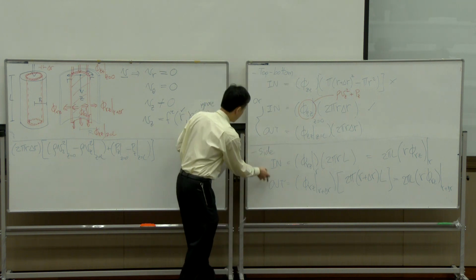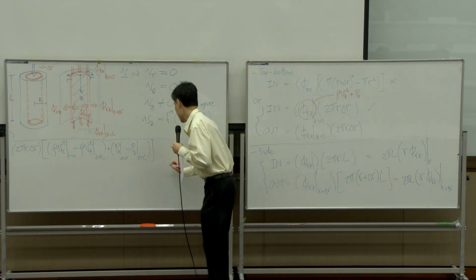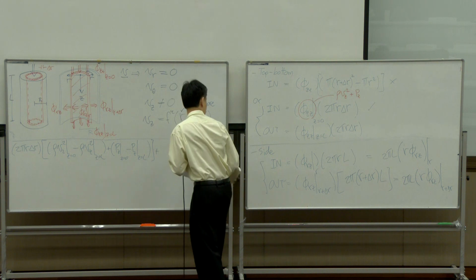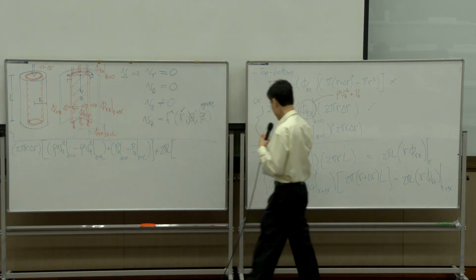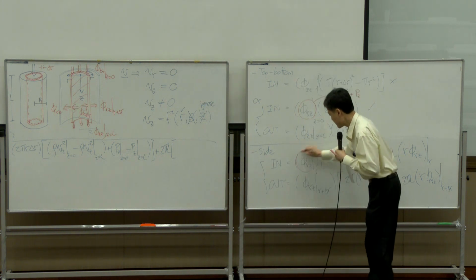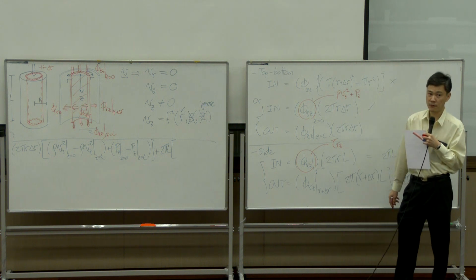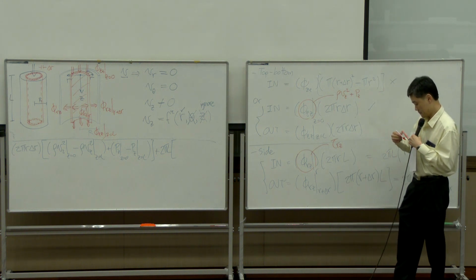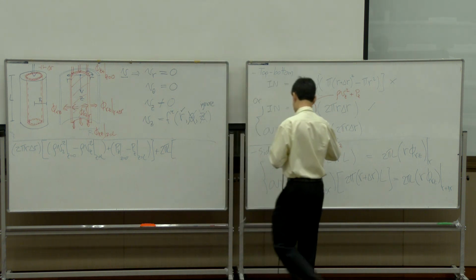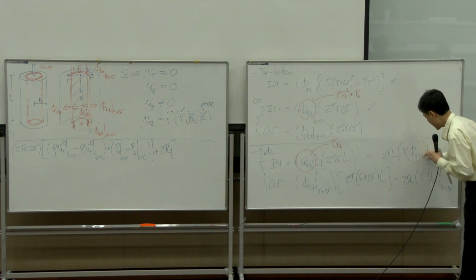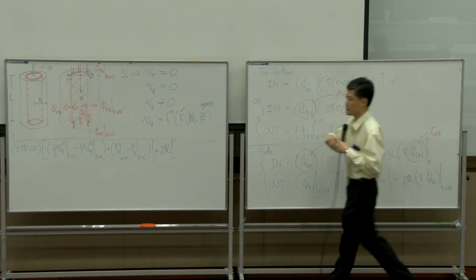Then in and out from sideways. So I add 2 pi L. This flux is basically tau rz from what we found. So basically this term would be tau rz. All right?